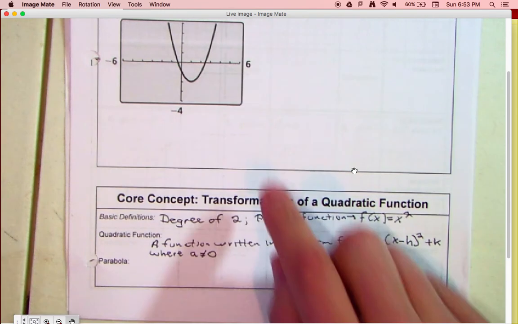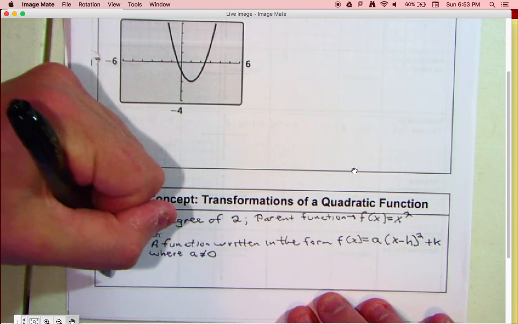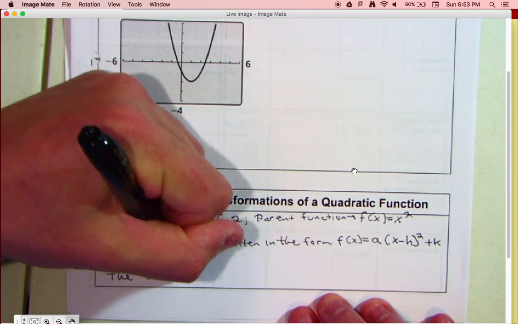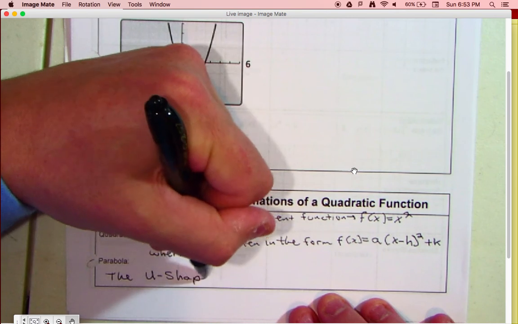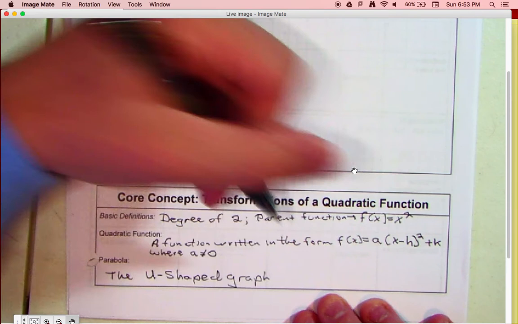Alright, so anyway, as I was saying, that's a parabola right there. The basic definition of it is the U-shaped graph of the quadratic function.